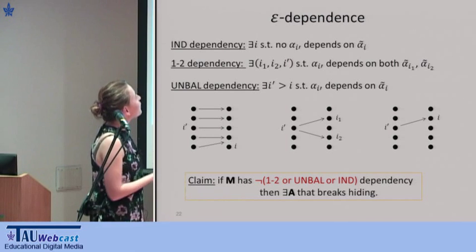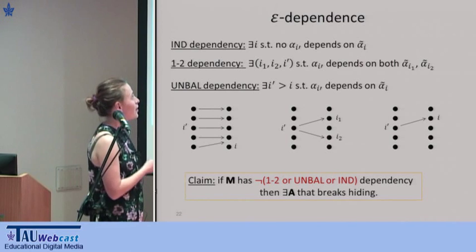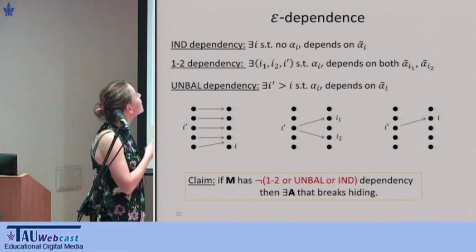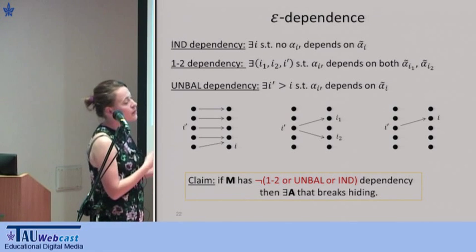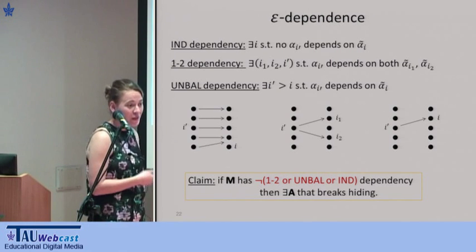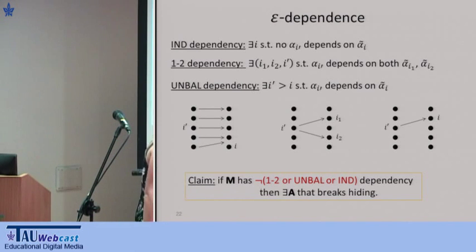If you find a good definition for epsilon dependence for a different protocol, and you manage under your definition to divide the domain of dependencies into some groups and show that each one of the groups breaks hiding, looks very general to me. That's what I'm saying.